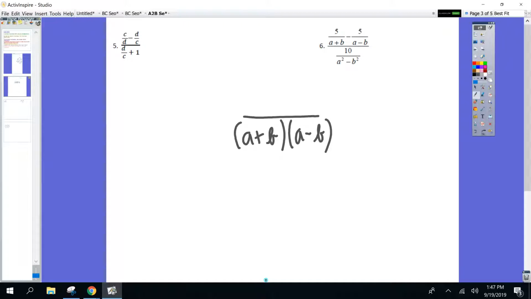I thought it would be -1, but then you get a, okay, right. Hey, A plus B, right? What do I still need to multiply by to get to my common denominator? I got the A plus B already. What do I need to multiply by? A minus B. And I'm going to distribute and get 5A minus.